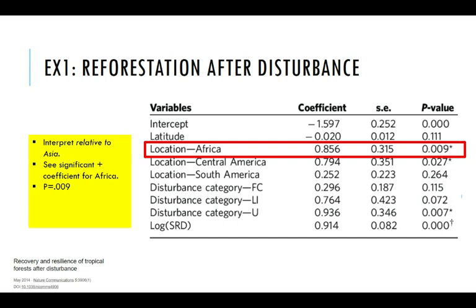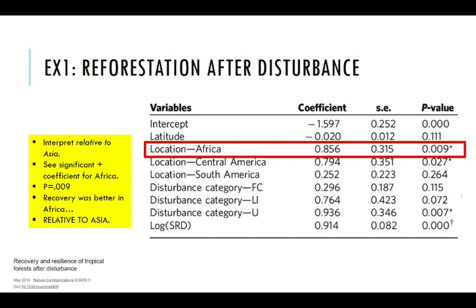So the probability that this happens simply by chance, that we got this conclusion when we shouldn't, is not likely at all. So we have a p-value of 0.009. What that tells us, since we have a positive coefficient, is that recovery was better in Africa, but better than who? Again, relative to Asia. Why? Because Asia's our omitted category.